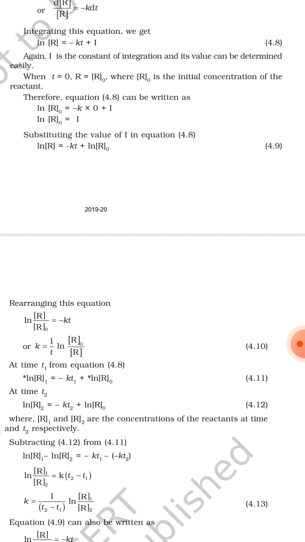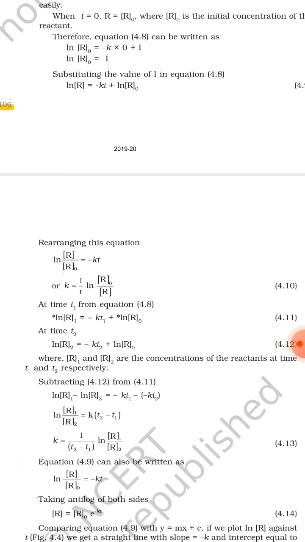So ln[R]0 is equal to I. Substituting the value of I in the equation, in place of I we substitute ln[R]0, that is the log of the initial concentration of reactant. So the equation becomes ln[R] equal to minus kt plus ln[R]0.